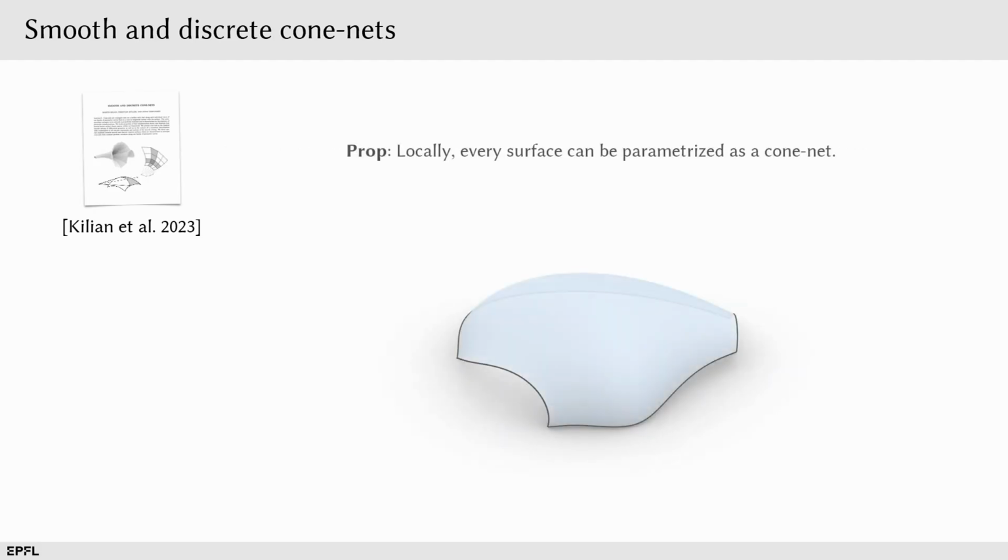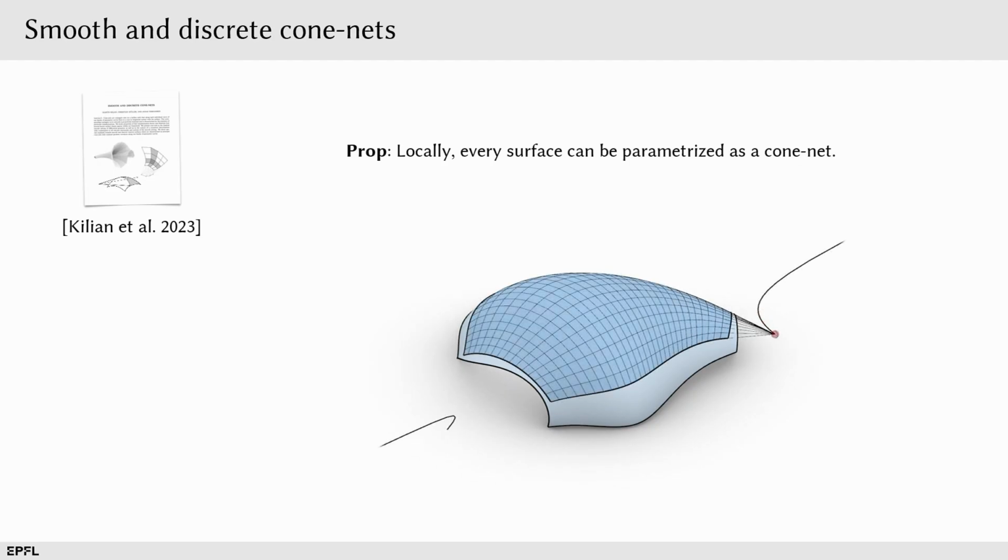It turns out that it does buy us a lot of freedom, and in fact, Killian and colleagues show that every surface can locally be parameterized by a cone net. So this is really every surface locally is a cone net. We will not go into more details here, but an analogy that the authors use to make this concept more intuitive is the one of a point light.